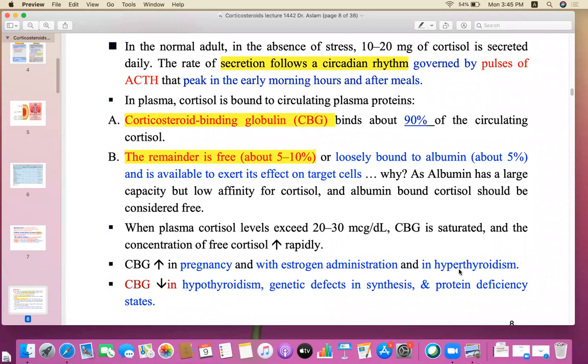This corticosteroid binding protein decreases in hypothyroidism, genetic defects in synthesis, and protein deficiency states. At that time the free drug may be decreased, and pharmacological efficacy may not be achieved by the normal therapeutic dose.